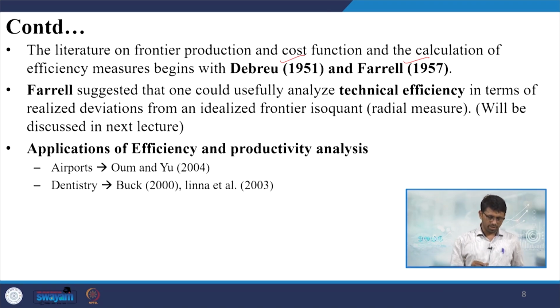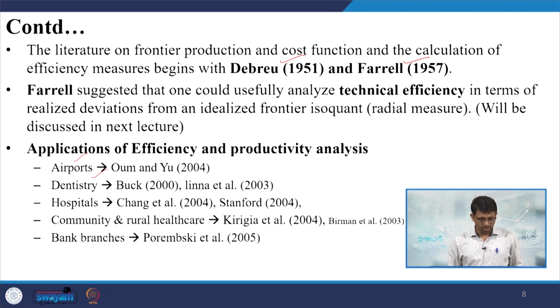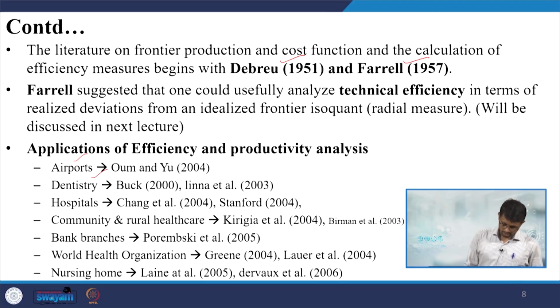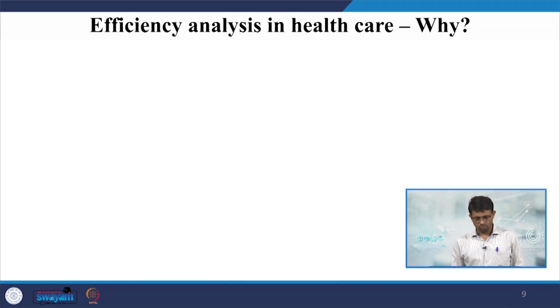Oum and Yu in their 2004 paper explained it for airports, then Burke and Lina 2003 and Burke in 2002 applied efficiency and productivity analysis for dentistry, hospitals, community and rural healthcare, bank branches, and there are also some works from WHO and on nursing homes, etc. There are different papers we have cited. For your interest, I think you can go through them; it will be useful.